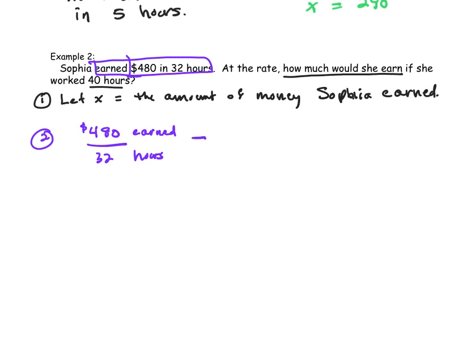And now, because it said proportion, I need my equal sign. And I'm looking for the amount that she earned. And if we look, they told us hours, but they didn't tell us how much she earned. So that must be where my variable goes. We don't know how much she earned when she worked 40 hours. So everything's lined up. Earnings are on top, money's on top, and hours are on bottom.